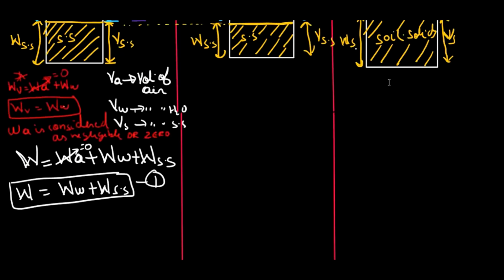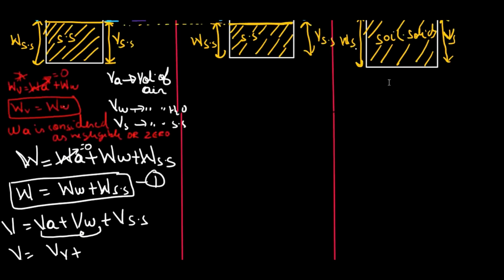And if I talk about the volume, total volume of soil will be volume of air plus volume of water plus volume of soil solids. If I combine these two, I can write it as volume of voids plus volume of soil solids. This thing you should also remember.